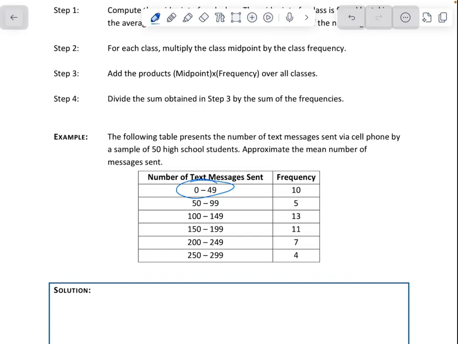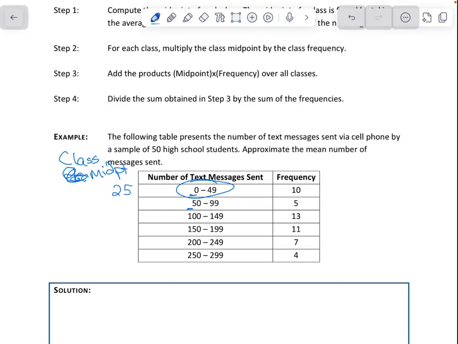So what we're going to find is the class midpoint. The class midpoint is actually from here to here. So 0 to 50, the midpoint would be a 25. That's the midpoint of that class.